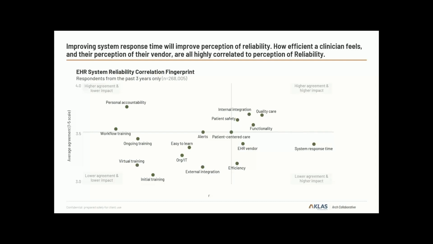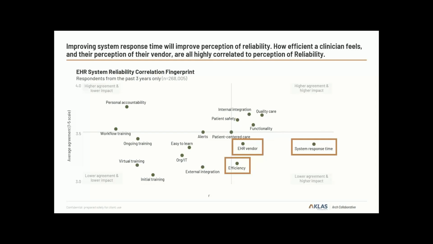What's interesting here is which dot is furthest to the right. Look at the outlier. It is response time. If I were a health system and I wanted to pick low-hanging fruit, now up and down vertically, guys, this shows you what the average score is. Integration, for example, usually scores pretty high, but is also very impactful.